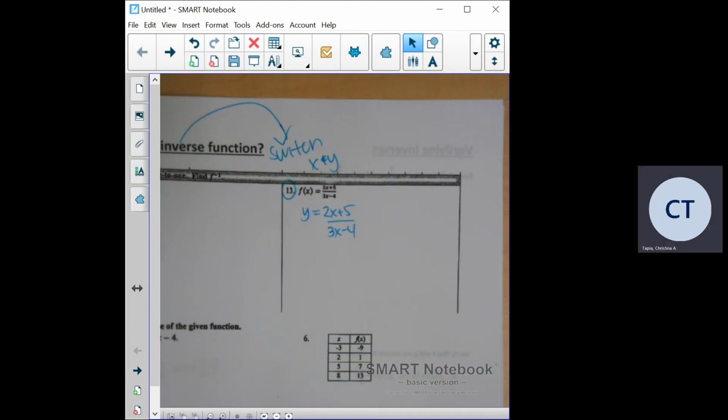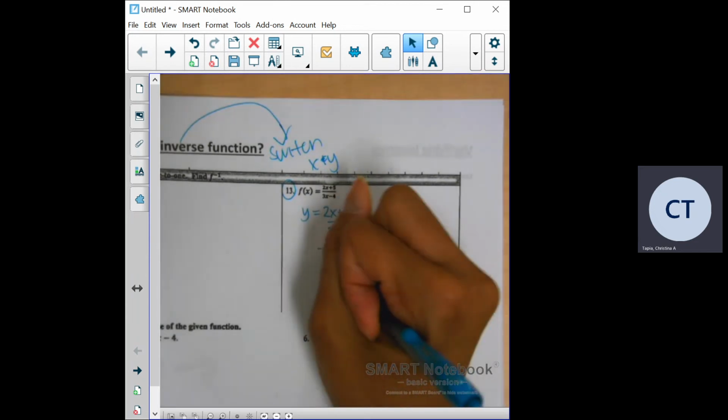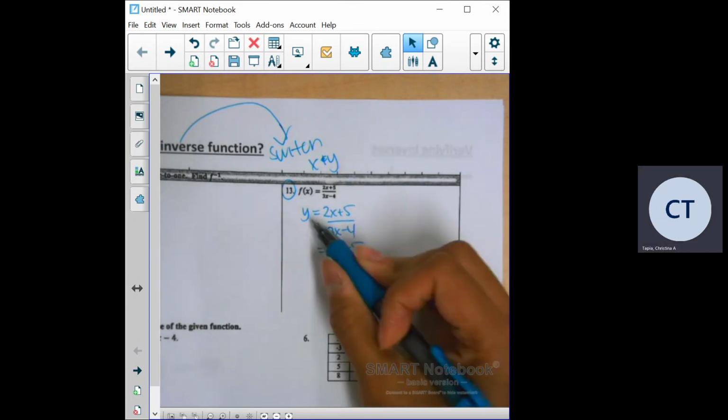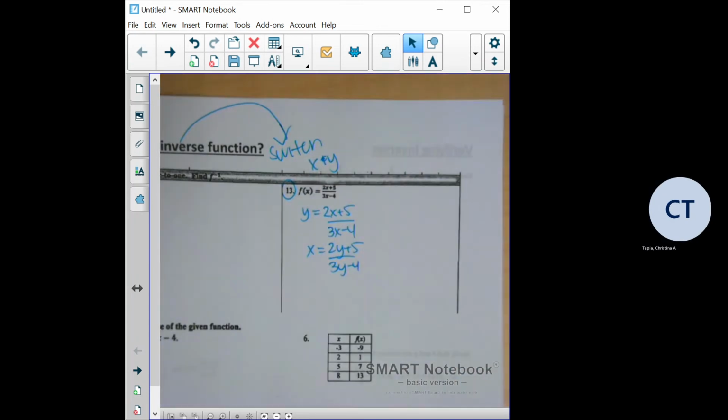Your second step is to do just like Chelsea suggested. We're going to switch or interchange the x's and y's. So all of these x's become y's, and this y becomes an x. That's the second step.